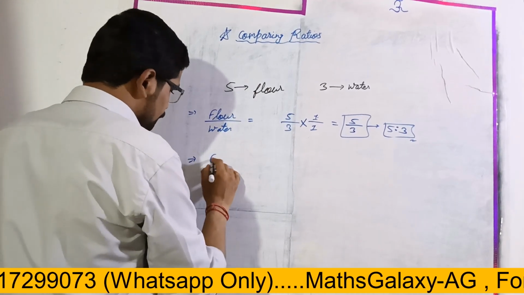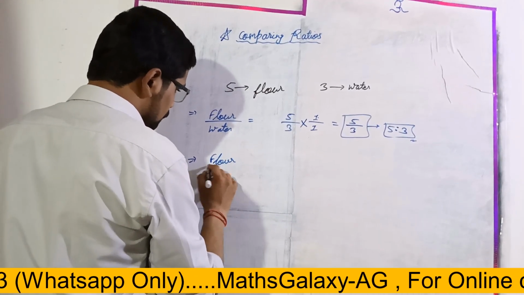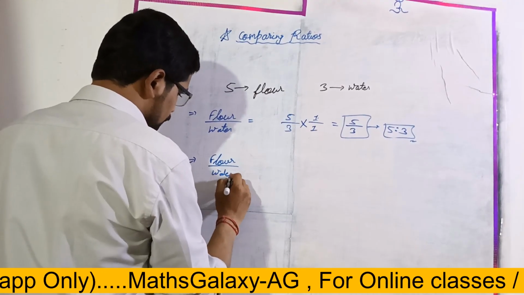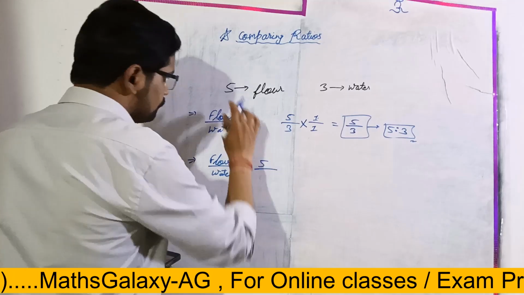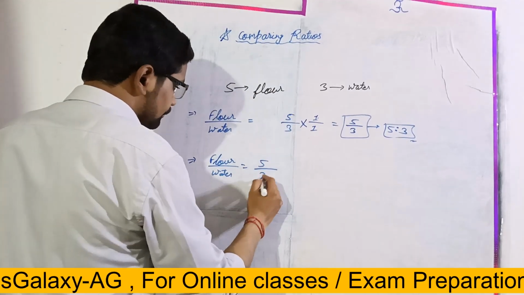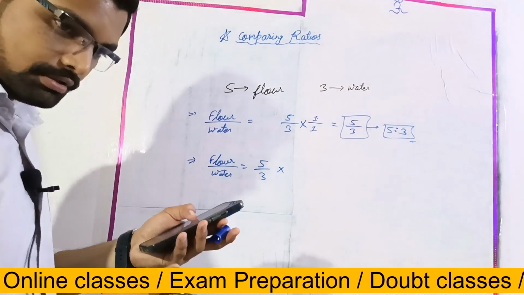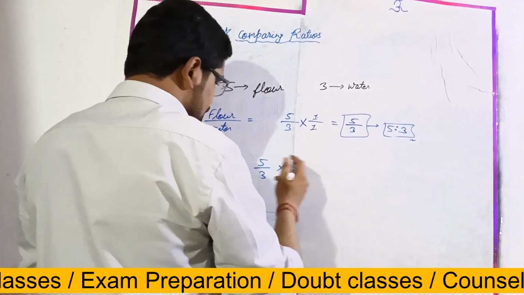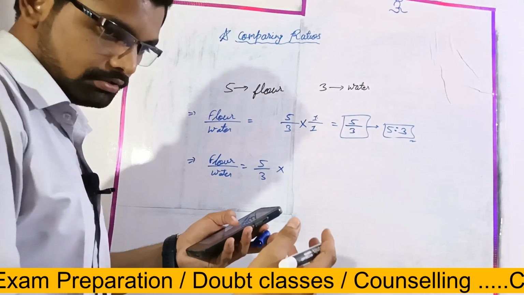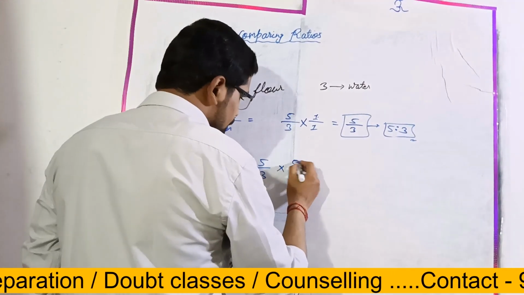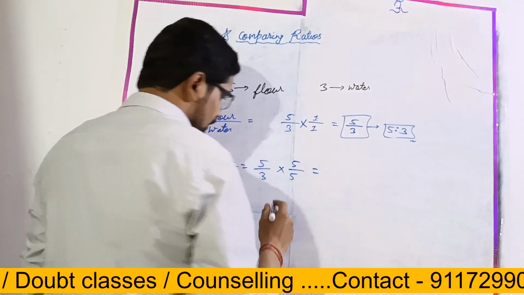So it will be 25 for flour and 15 for water. She wants to take 5 portions. So here we will multiply it by 5 by 5, है ना?